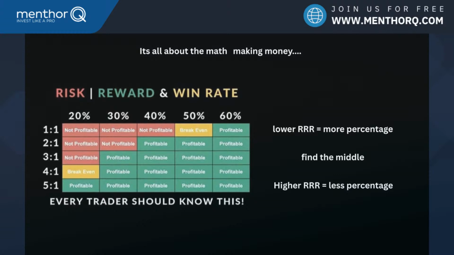We have this little table that shows the risk reward ratio on the left, 1:1 down to 5:1, and your hit rate in percentage on the upper axis, 20, 30, 50, 60%. It shows when you are profitable and when you are break even.